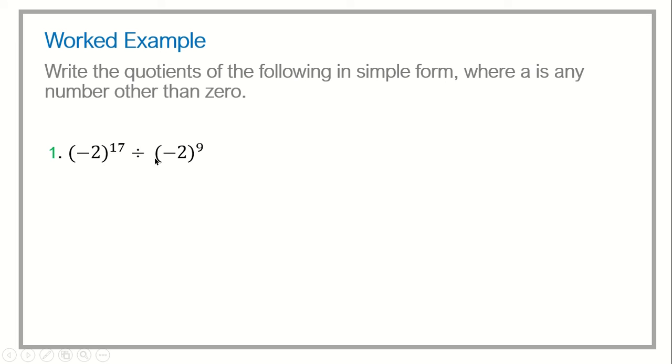Part 1: negative 2 to the power of 17 divided by negative 2 to the power of 9. Then number 2: 7 to the power of negative 5 divided by negative 7 to the power of negative 12.